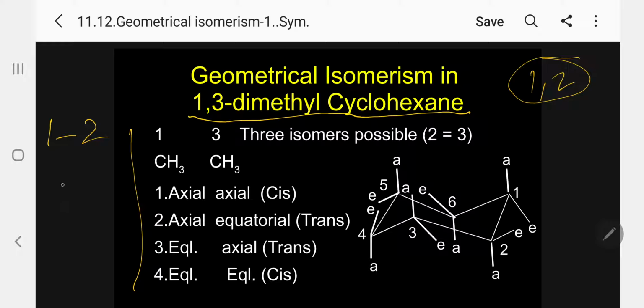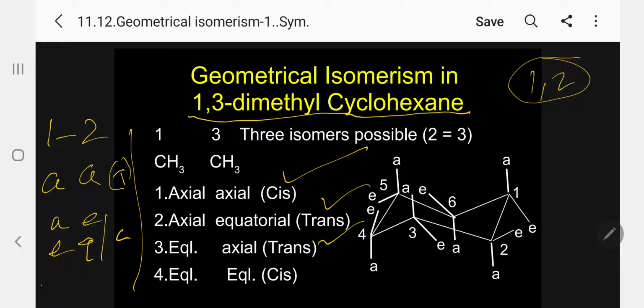But in this case, what we have seen, axial-axial, we told you it is trans. But see here, it is cis. Here, equatorial-axial, we told you cis. So here it is trans. Opposite. Then equatorial-equatorial, we have trans.